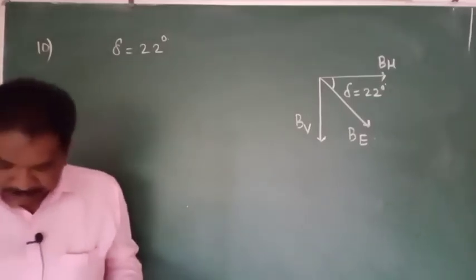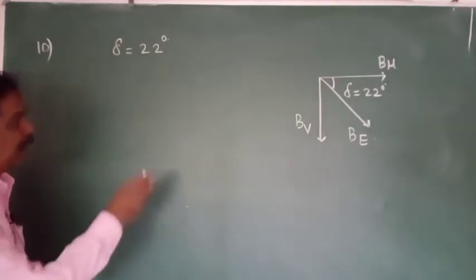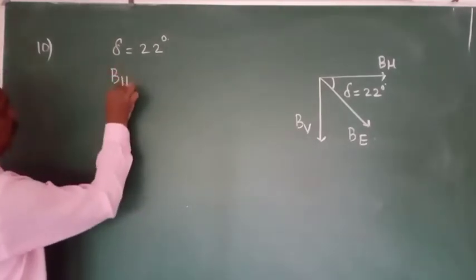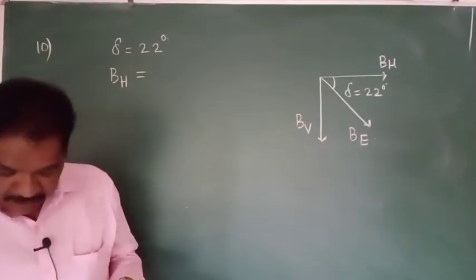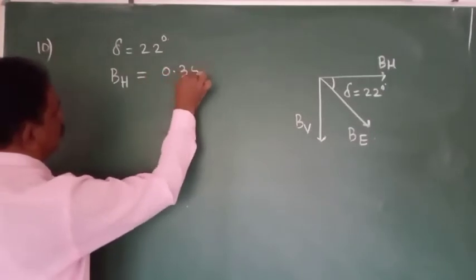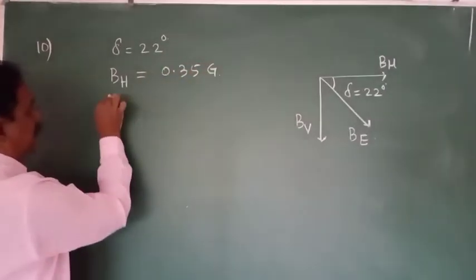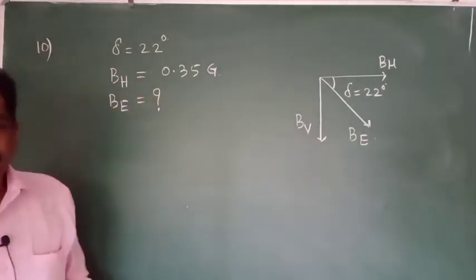Next, the horizontal component of Earth's magnetic field, value BH is equal to 0.35 Gauss. Then they are asking the BE value, how much is Earth's magnetic field?